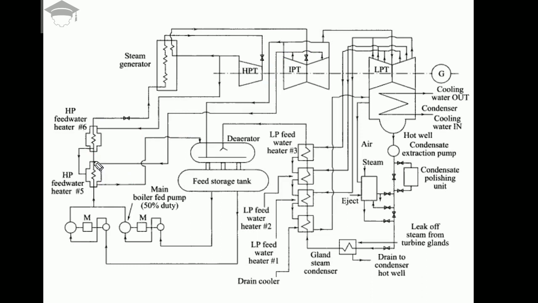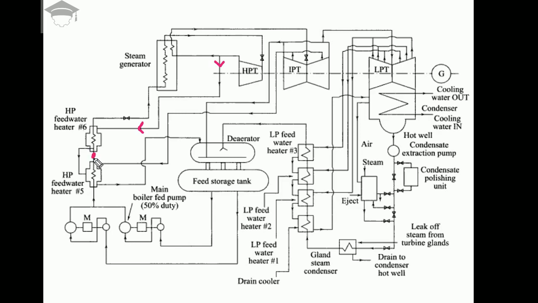Now similarly for high pressure feed water heater 6, we tap a line from the exit of the high pressure turbine. At the exit we take a bleed steam line, having very high temperature and pressure. This further gives heat to the liquid water at this point.